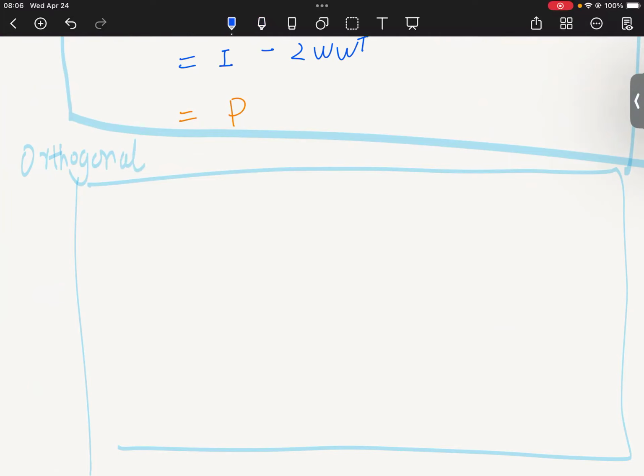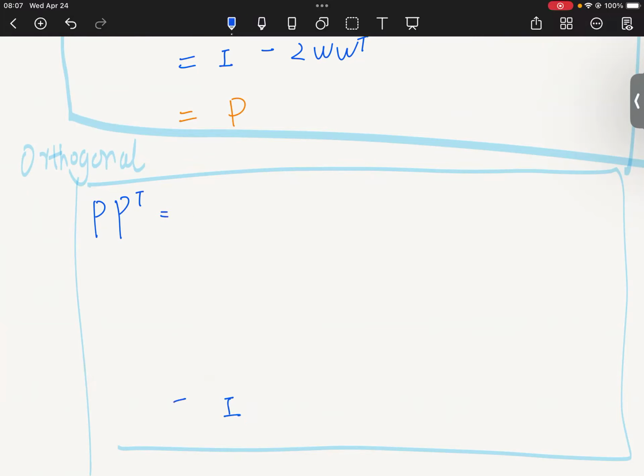I'm going to write down the general idea first. We are going to prove that P is orthogonal, which means we want to prove that P times P transpose equals the identity matrix. This is the orthogonal definition, and this is our goal.